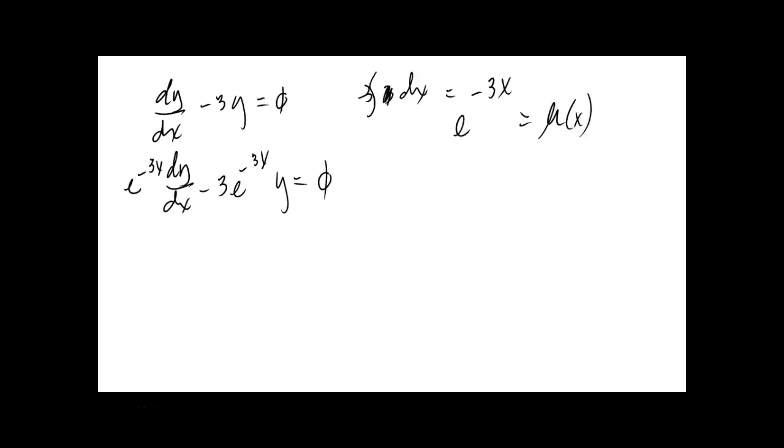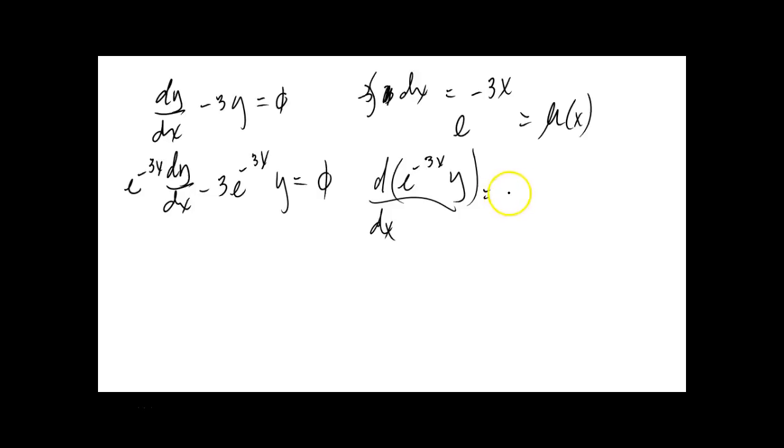Let's just check that and make sure that's true. Take e to the minus 3x times y. What happens if you take the derivative of that with respect to x? Do the product rule.